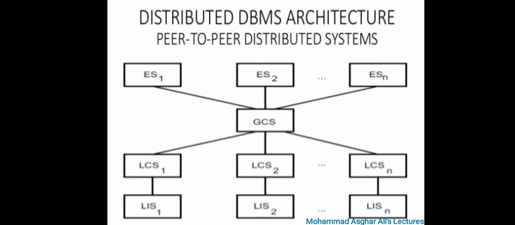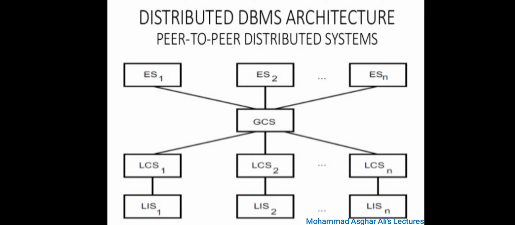The distributed DBMS translates global queries into a group of local queries, which are executed by distributed DBMS components at different sites that communicate with one another. Here you can see how the peer-to-peer distributed system works.